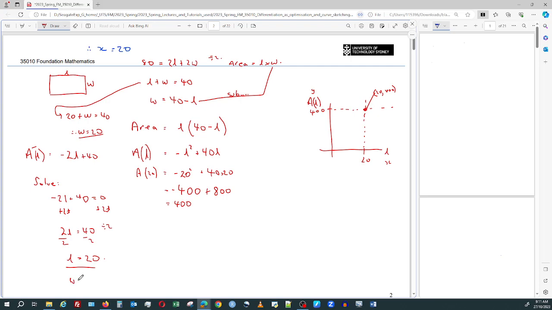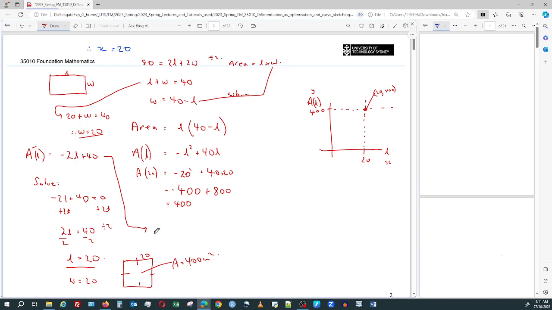W is equal to 20, so we get a square with a maximum area. We denote a square by marking all the sides, and it's a 20 side with a 400 area. Okay, so however you use your pronumerals, that's important. Now, in terms of the maximum idea, we want to just check the second derivative.